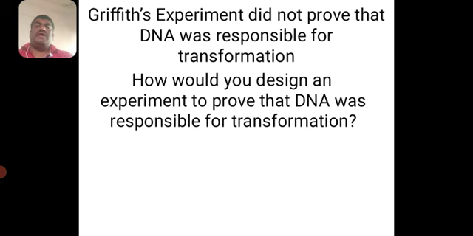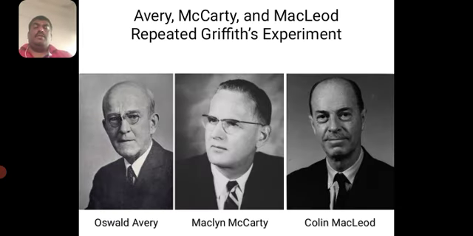How do you design an experiment to prove that DNA was responsible for the transformation? Further, the three scientists Avery, McCarty and McLeod repeated the Griffith experiment, and they worked on the fourth step.